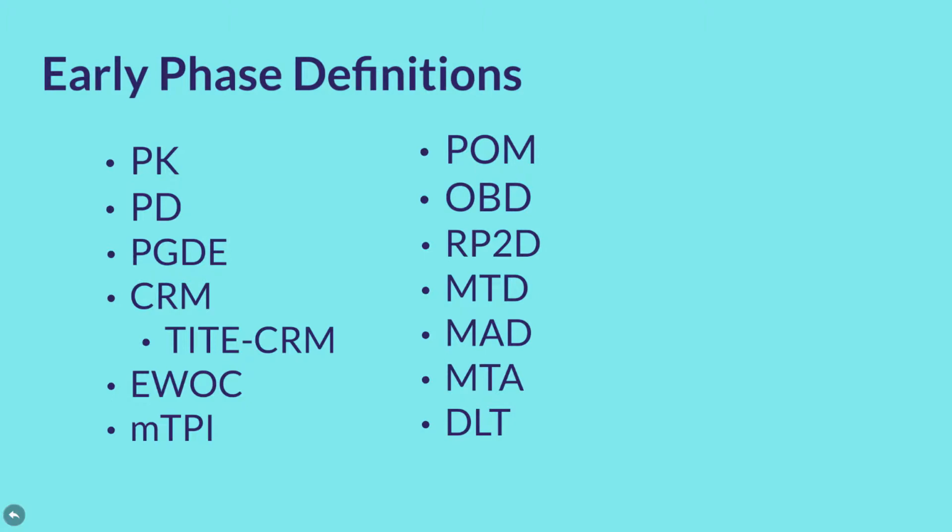So the first two here on the left-hand side, PK and PD. This stands for Pharmacokinetic and Pharmacodynamic. Pharmacokinetics is defined as the study of the time course of drug absorption, distribution, metabolism, and excretion. So this is basically looking at how a medication or a drug is absorbed and metabolized and released from your system.